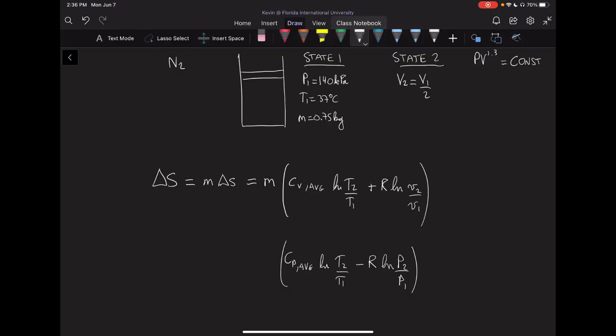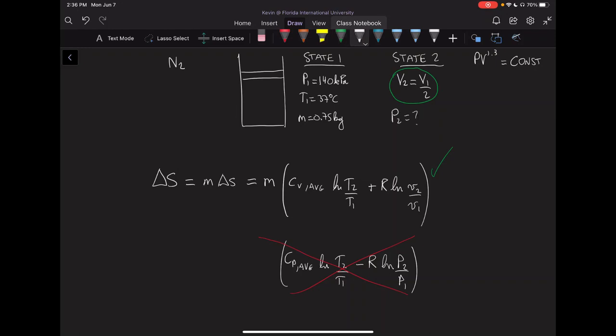In our case, we're going to use the first equation, not the second one. The reason is that in the first one, we already have a relation for volume between state 2 and state 1. In the second equation, we would have to find P2, which we can find, but it's an extra step.